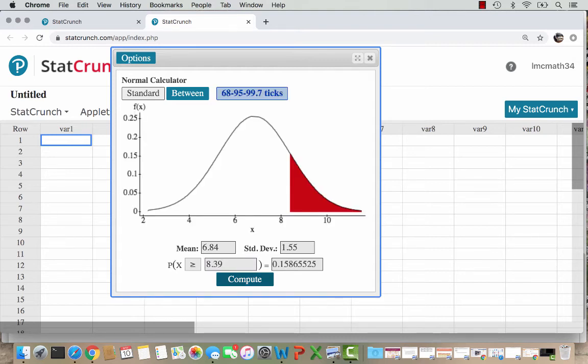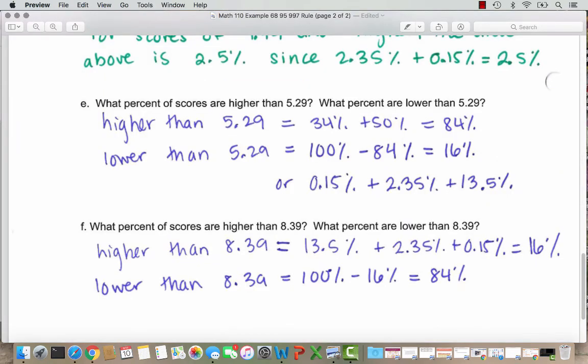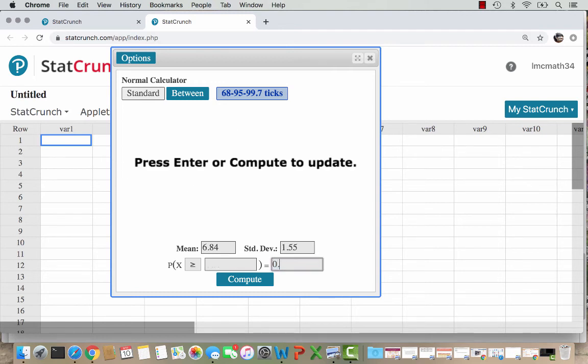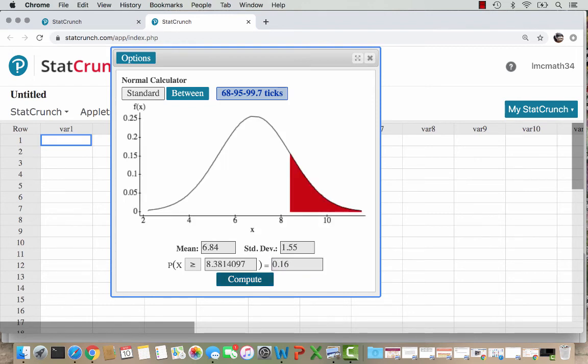Now in my worksheet, I had 16% higher than 8.39, but here in StatCrunch I have 0.15865, so this would round to 0.16 or 16%. What StatCrunch is doing for us is more exact calculations, and so you can see if we put in 0.16 here and hit compute, StatCrunch would fill in the exact x value.